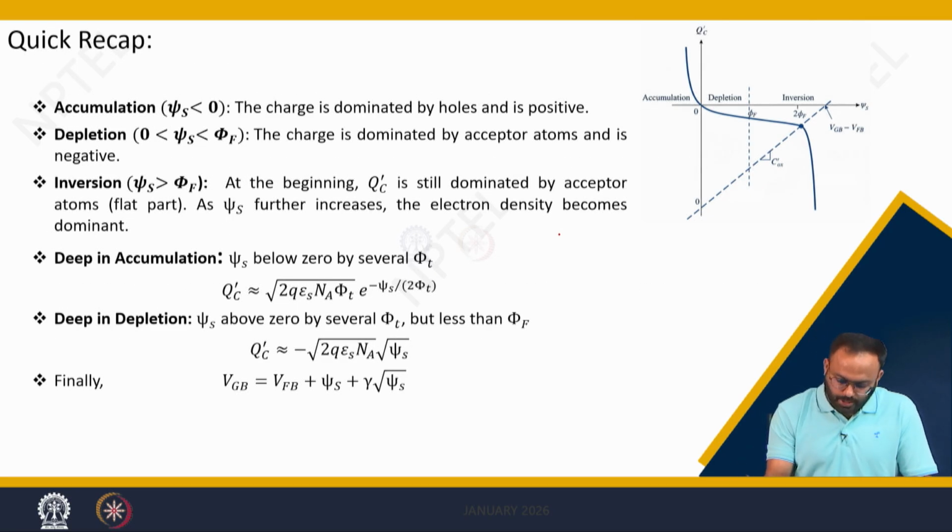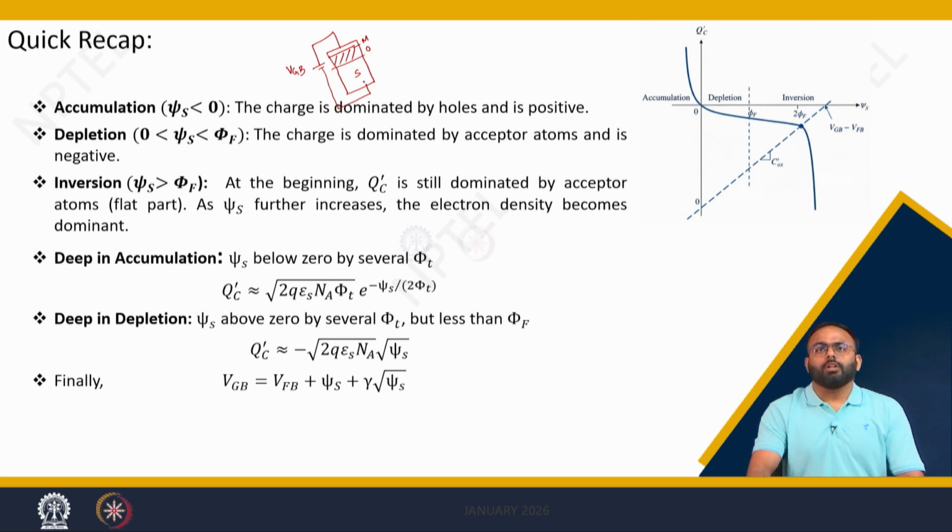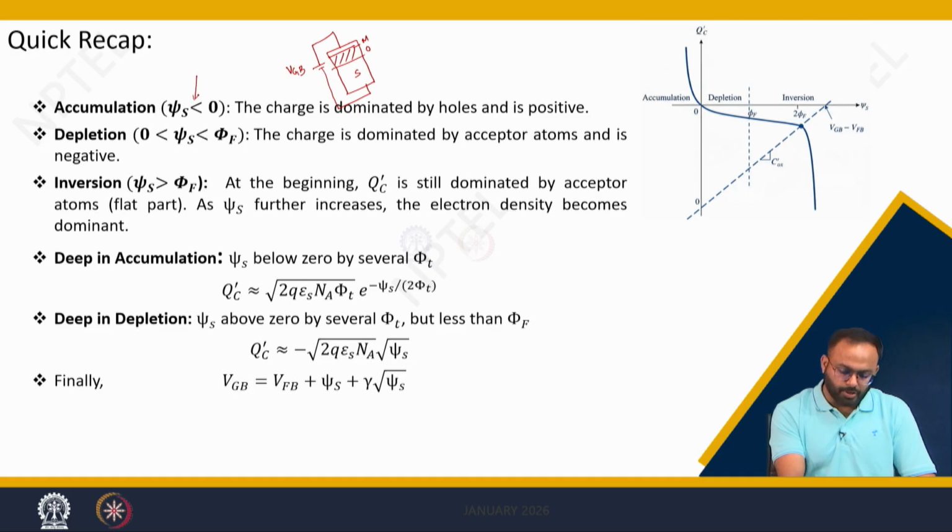In the previous lecture, we discussed that when you apply a gate to body voltage in a 2-terminal MOS structure, so you have metal, oxide and semiconductor, based on the gate to body voltage values, the surface potential varies. If the gate to body voltage is negative, then the surface potential will be negative, which causes a positive charge at the surface.